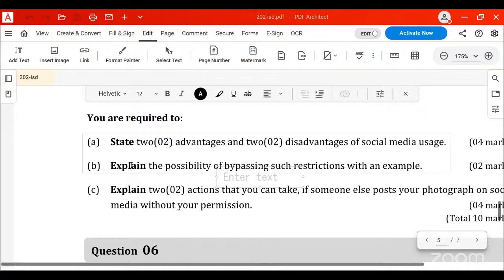That is the last question of question number 6.